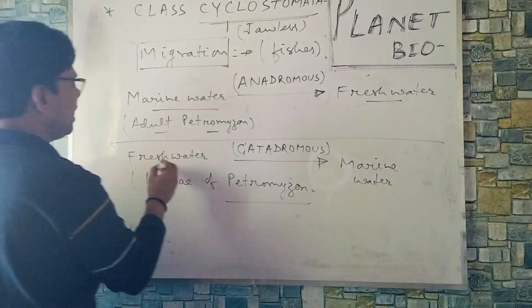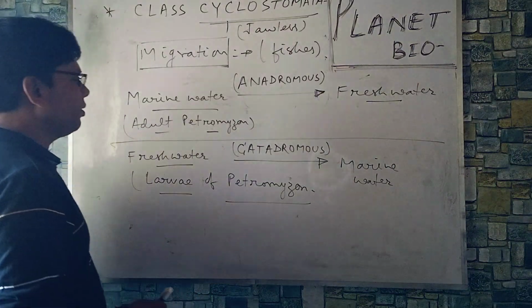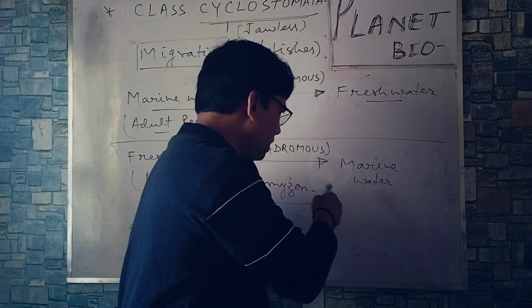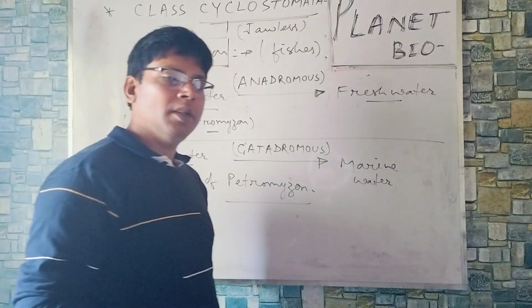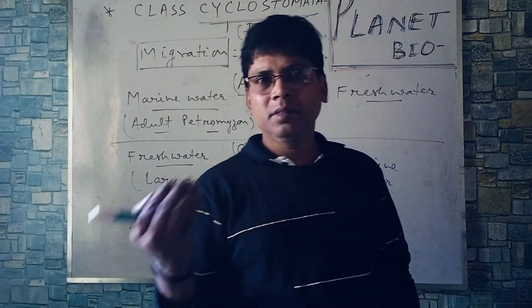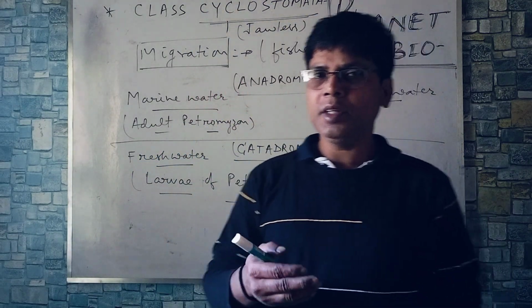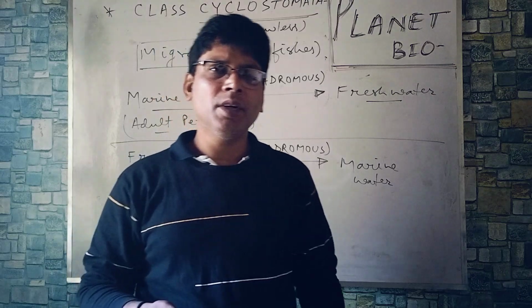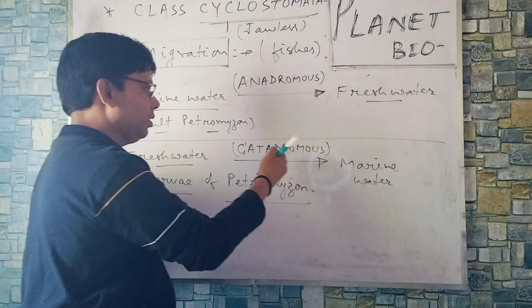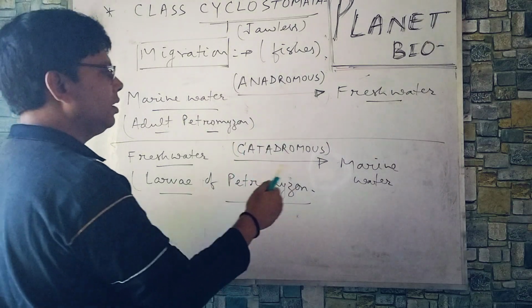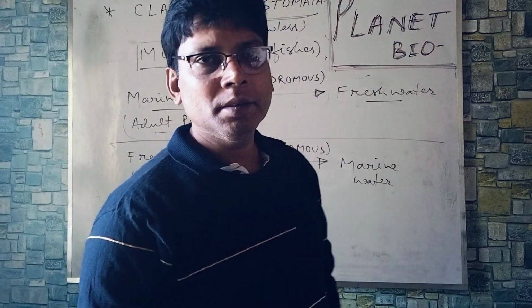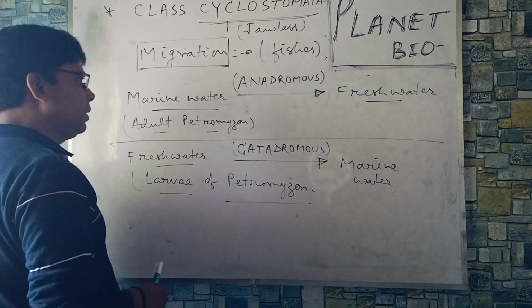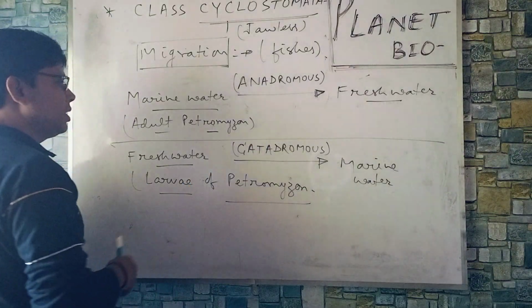There they lay eggs, the eggs develop to form ammocoete larvae, and the larvae come back to the marine water within about 7 to 14 days. They do not find their parents, because after laying eggs petromyzon dies.